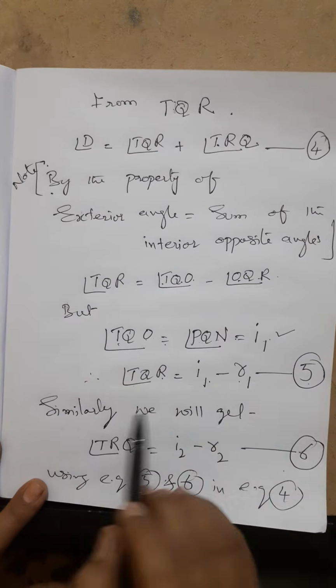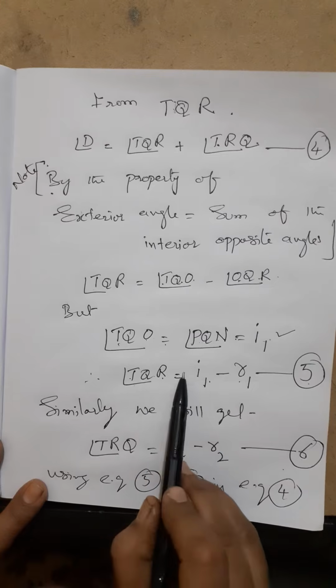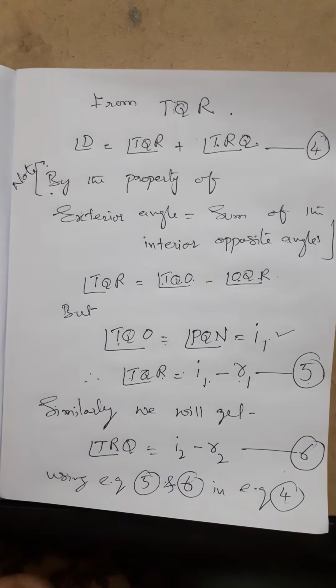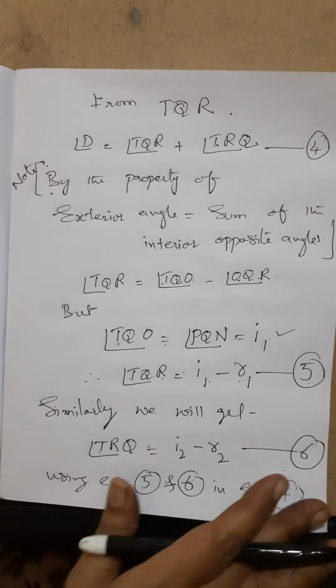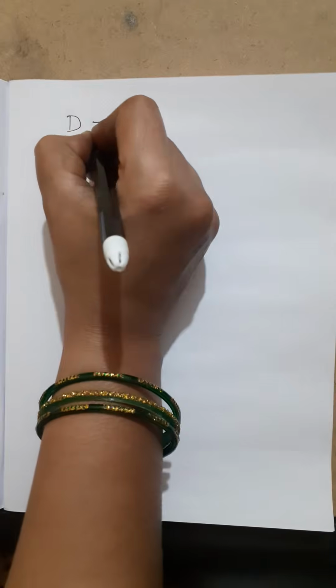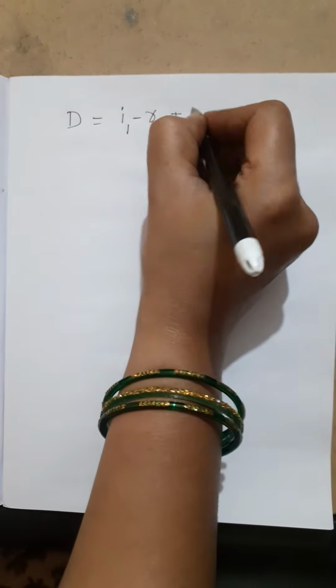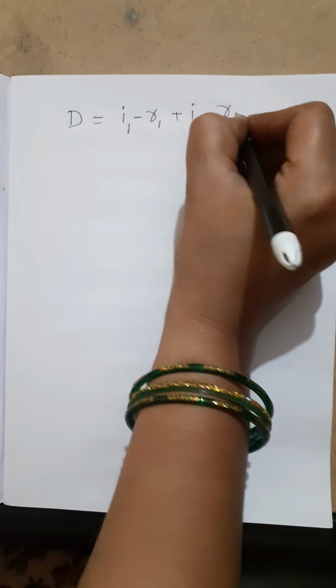So just simply substituting the values of TQR and TRQ in equation number 4. When you substitute, we get the angle of deviation is equal to I1 minus R1 plus I2 minus R2.